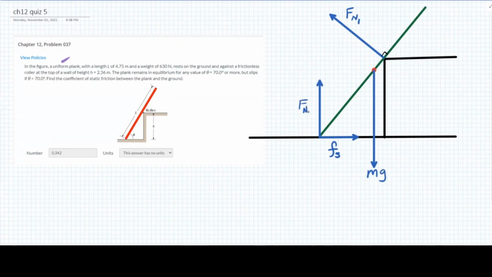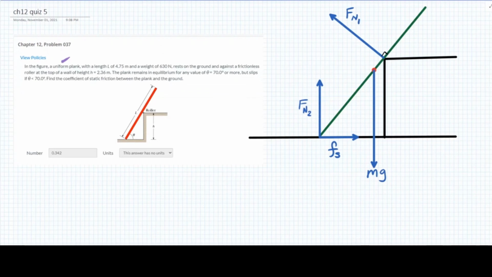That's it. Once again, being hyper diligent with my free body diagram. So now the question is, let's do the torque analysis. What should I call my AOR? It's tough.